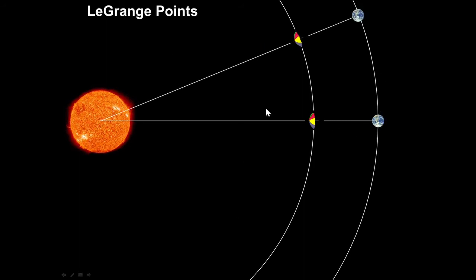As the Earth orbits the sun, the Earth would move from here to there, the shade would move from there to there. They would have different tangential velocities, but they would have the same angular velocity.